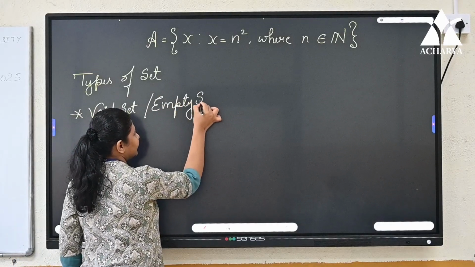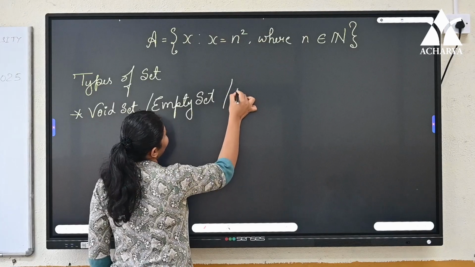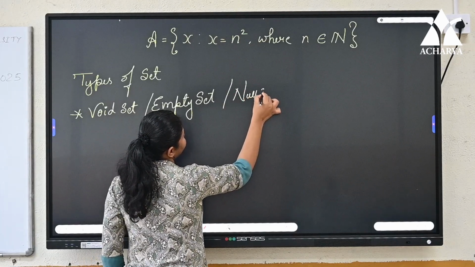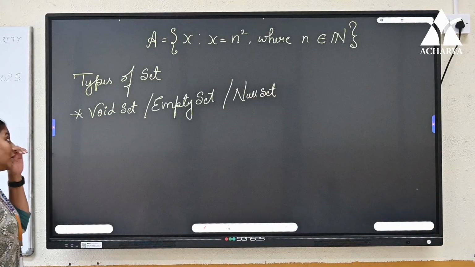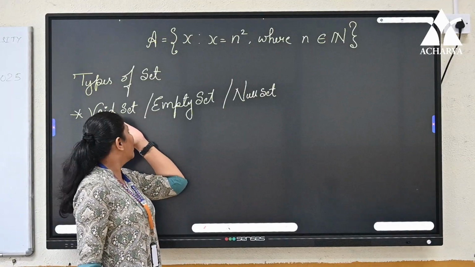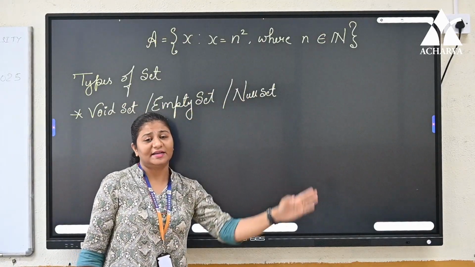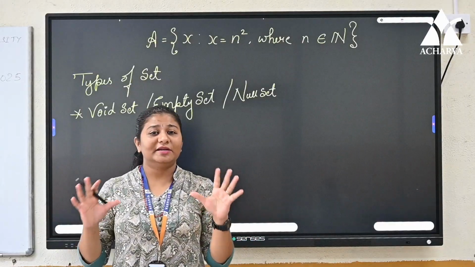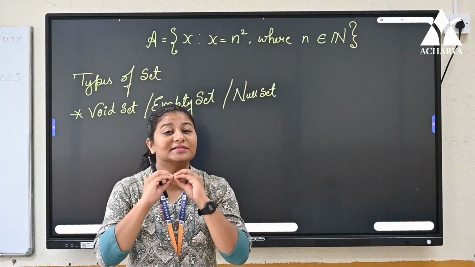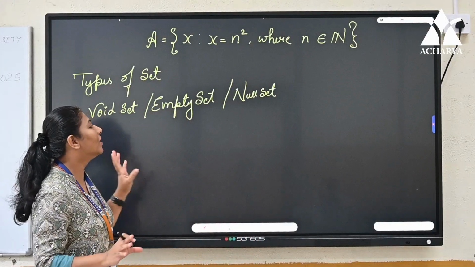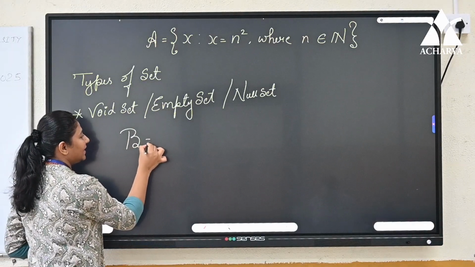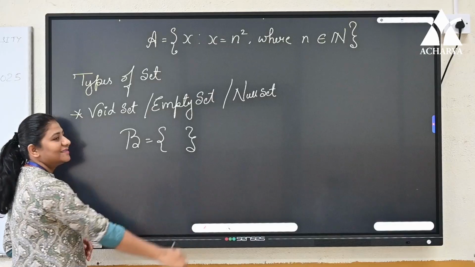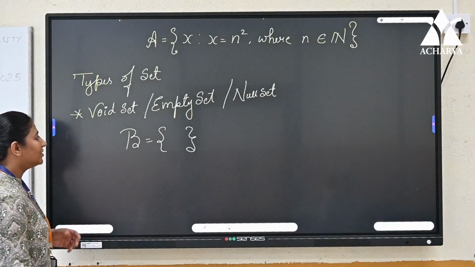It is also called a null set. So it already says void set, empty set, null set. Very simple. When a set contains zero elements, then it is called a null set. For example, let us take a set B equal to the null set.